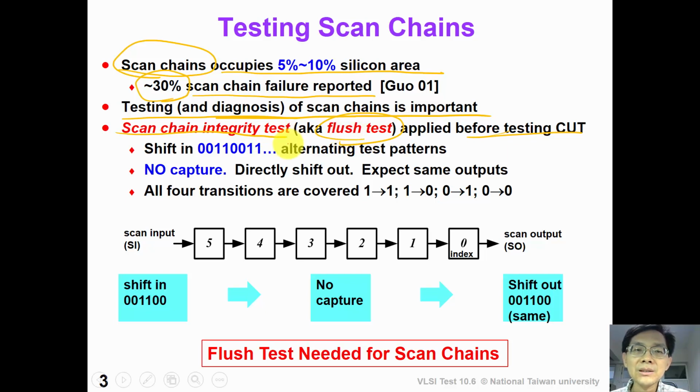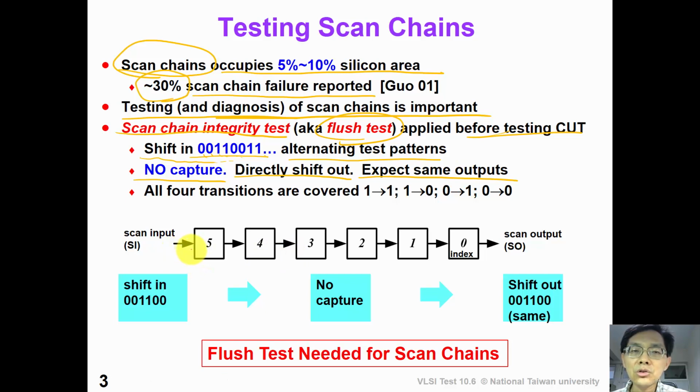As the name suggests, in this flush test, we simply shift in a 0-1 alternating test pattern such as 0011, 0011 to the scan chain, and we don't perform any capture. We directly shift the pattern out. Ideally, we should expect the same scan output as is shown in this figure.